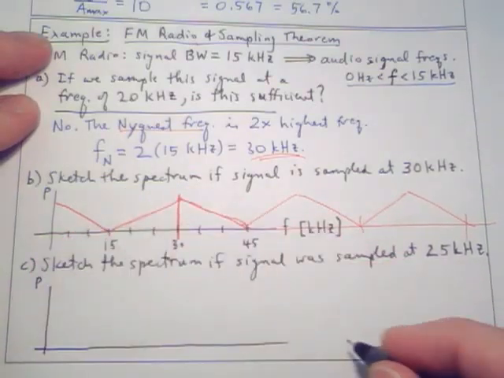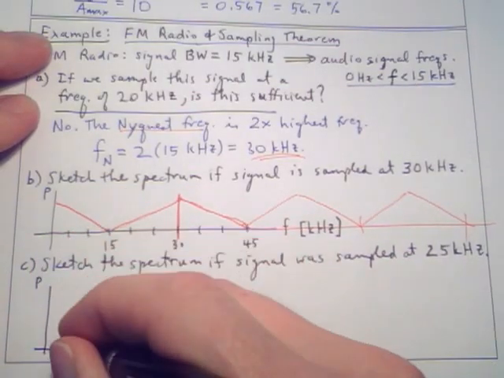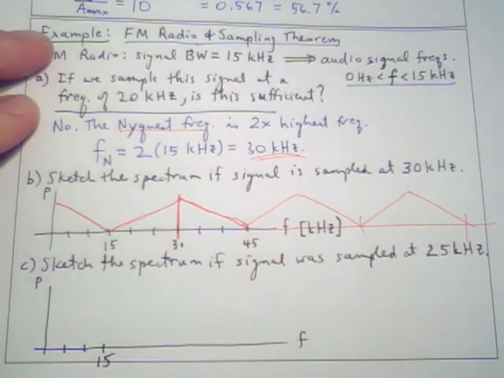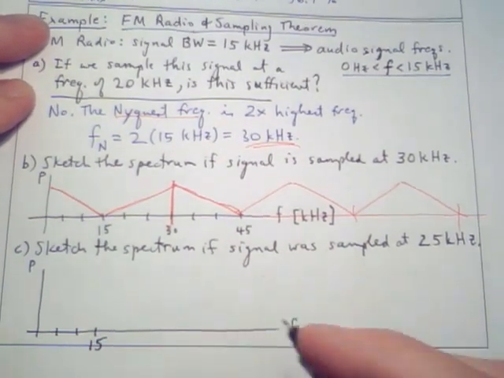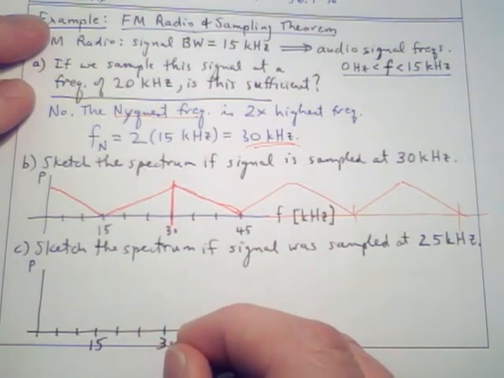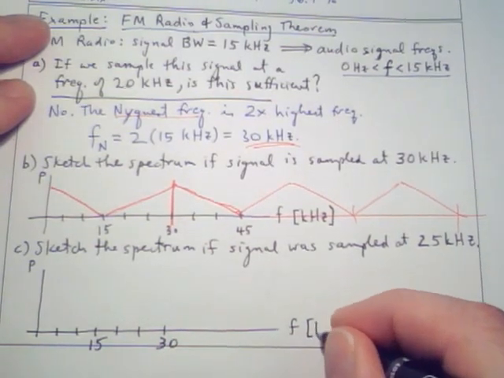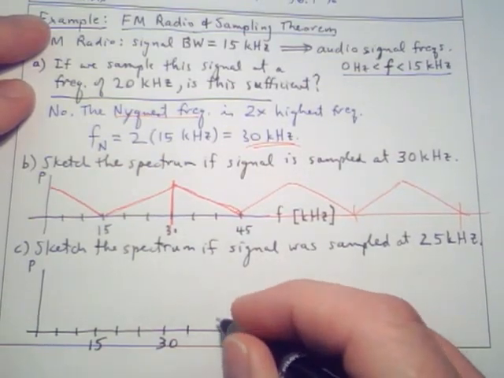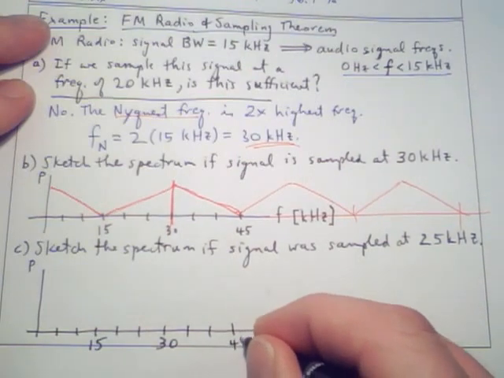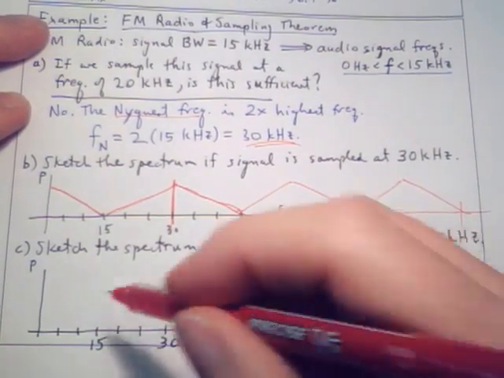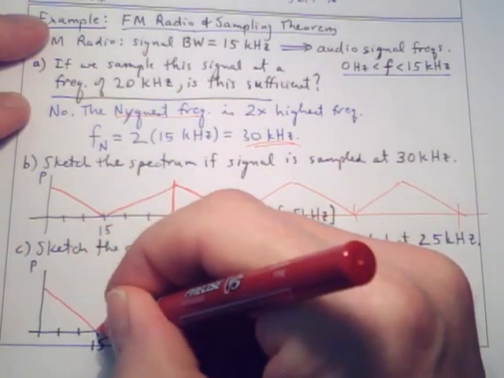Okay, so I'm going to do power versus frequency again. 5, 10, 15. Can you see it? There we go. 20, 25, 30 kilohertz. I like to label that. 35, 40, 45 kilohertz, etc. My original signal is again in the range from 0 to 15.